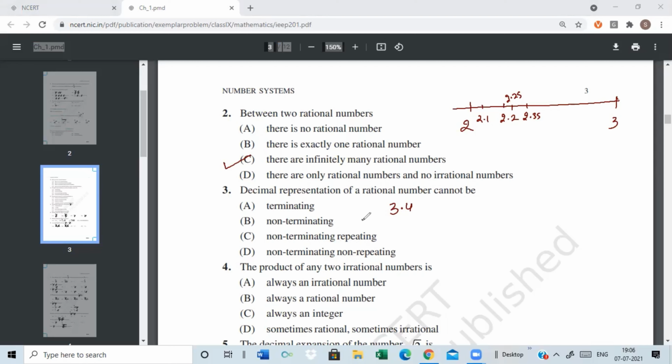It can be non-terminating, like 0.333, which is a rational number, and that is non-terminating repeating also. But non-terminating non-repeating will not be a rational number, because that is an irrational number. So the answer D is correct.